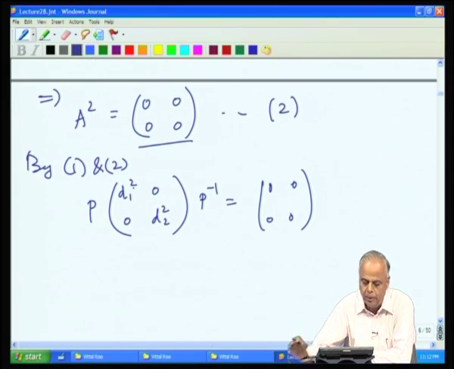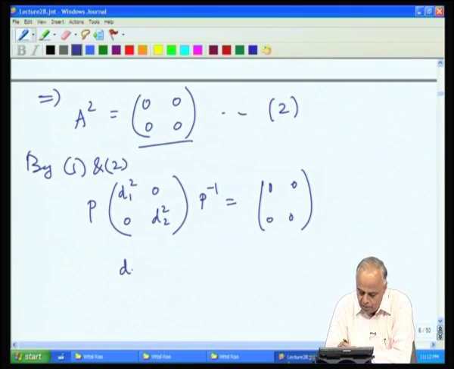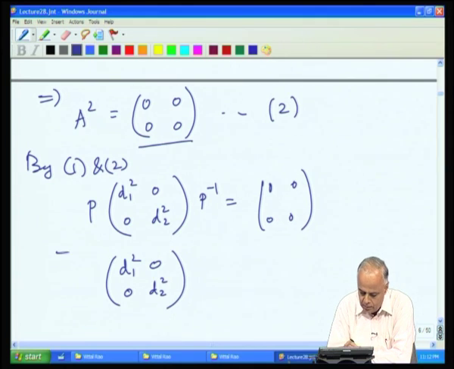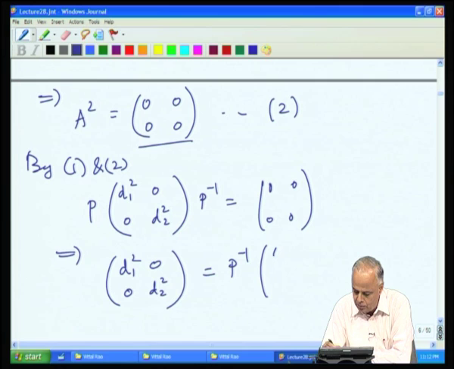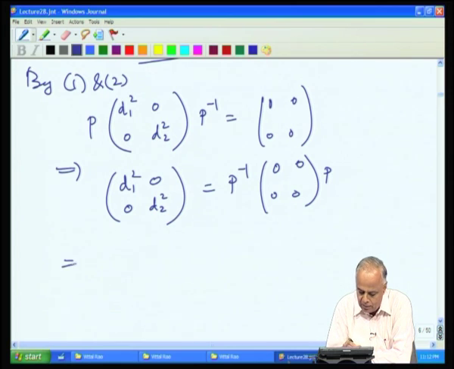Now, we again pre-multiply by P inverse and post-multiply by P, we get D1 squared, 0, 0, D2 squared is equal to P inverse into 0 0 0 0 into P, but 0 multiplying any matrix is 0.